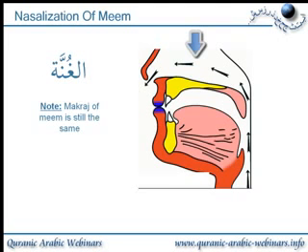That will be for Meem mushaddad. An example is where you'll hear it in the Quran where they go amma, amma. Your lips are still coming together as the normal makhraj of Meem, but you're vibrating the sound in your nasal cavity.